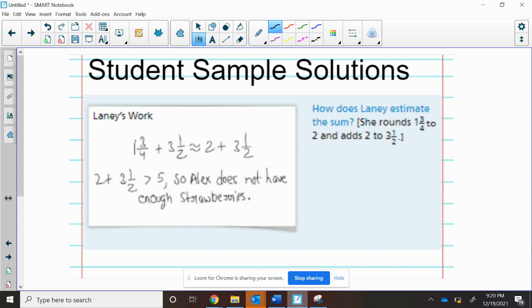She took 1 3/4. She estimated it to 2. She took 3.5. She estimated that. And she just left it at 3.5 and added to get about 5. I said 5.5. She said about 5. So she did exactly what I did. She said Alex does not have enough strawberries.